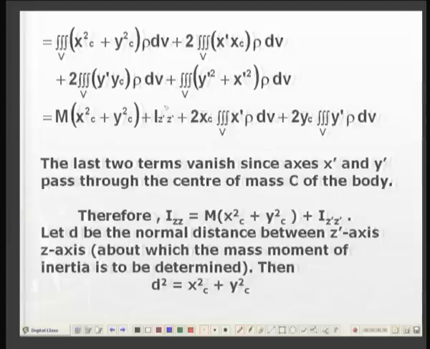So look here, I have Izz equal to this expression. Now to understand the first term, this is the mass of the body, and xc square plus yc square is the square of the normal distance between the z axis and the z dash axis.